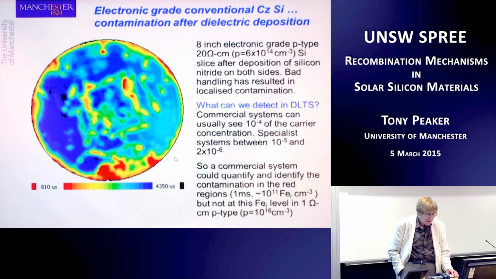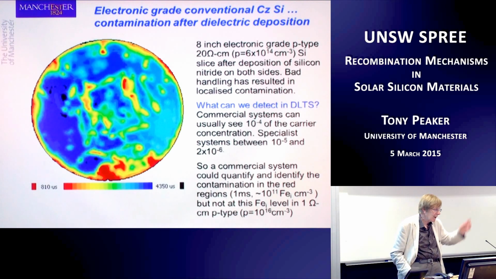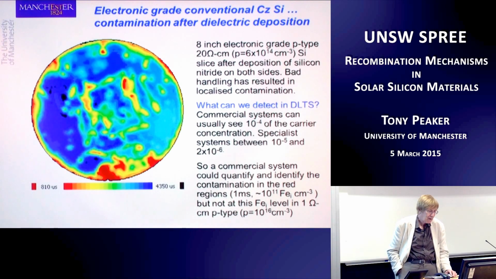So a commercial system, you could see, yes, the red areas you could see, and because it's 20 ohm centimeter material, if it's iron, and it almost certainly is iron, it corresponds to about 10 to the 11 iron. And you could see that in just an ordinary DLTS machine that you buy from Semilab or anybody else for that matter.